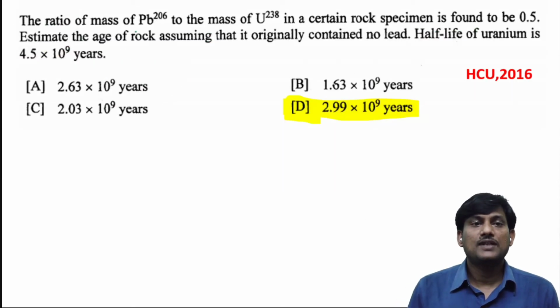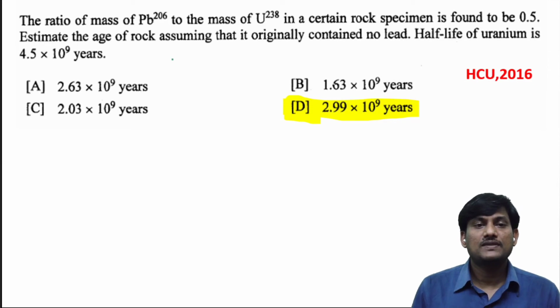The ratio of mass of lead-206 to the mass of uranium-238 in a certain rock specimen is found to be 0.5. Estimate the age of the rock, assuming that it originally contained no lead. The half-life of uranium is 4.5 × 10^9 years. Could we recall the integral equation of first order kinetics?